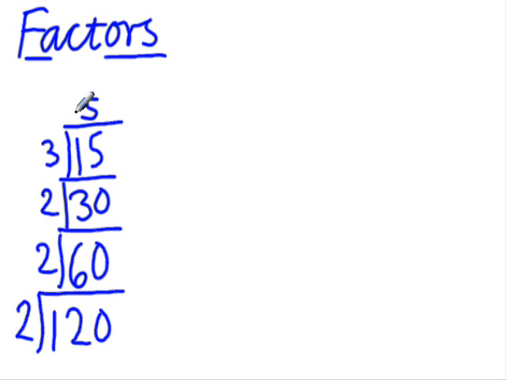And so now we have the prime numbers 2, 2, 2, 3, and 5, and those are the prime factors of 120. 2 to the third power times 3 times 5 gives us 120.